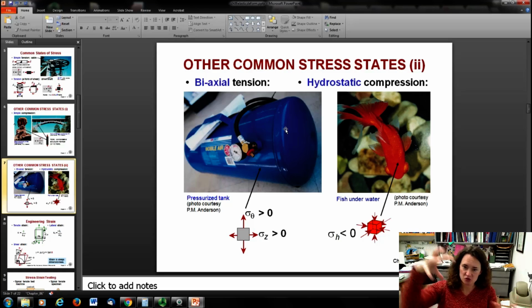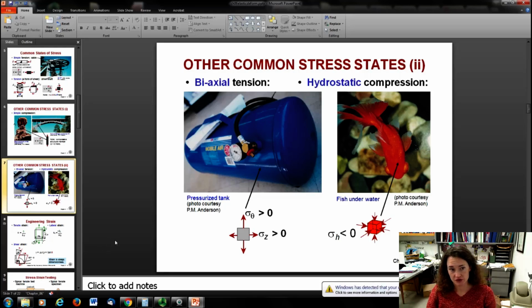Your submarine is being pushed in from all sides. Okay, that causes a change in volume, trying to make the volume smaller. Or you could have something like a gas cylinder where the gas is pushing outwards on the material and trying to get it to expand. Okay, and that's biaxial tension. Pressurized tanks, really common example of that. So those are some of the different kinds of stress that a material can be under.